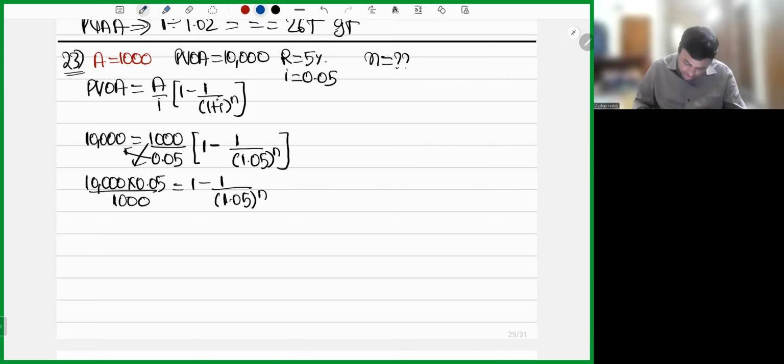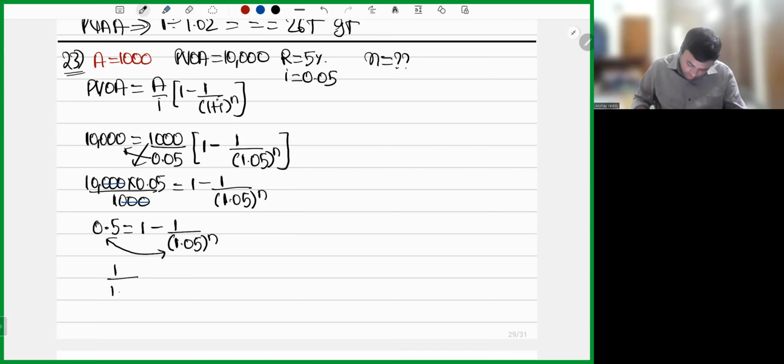I hope some cancellations can be done. Yes, sir. These three zeros get cancelled. So 10 into 0.05 will be 0.5, which is equal to 1 minus 1 divided by 1.05 whole power n.